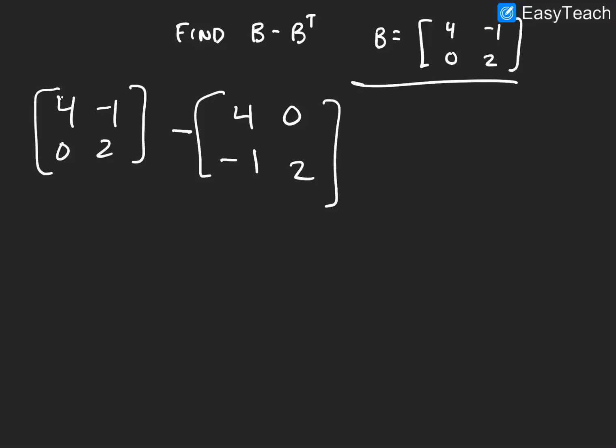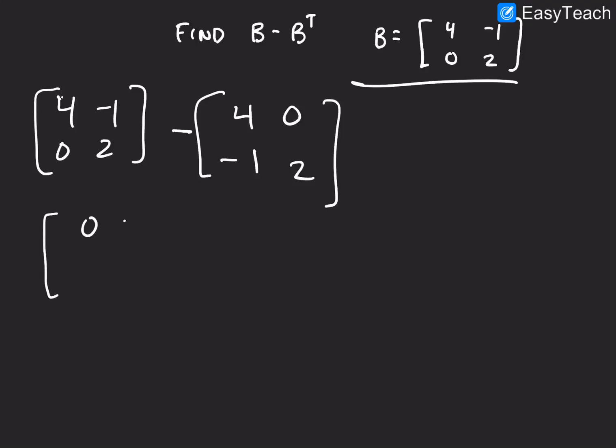Okay, and this is another matrix operation. So 4 minus 4 in our new matrix, we're going to get 0. -1 minus 0.